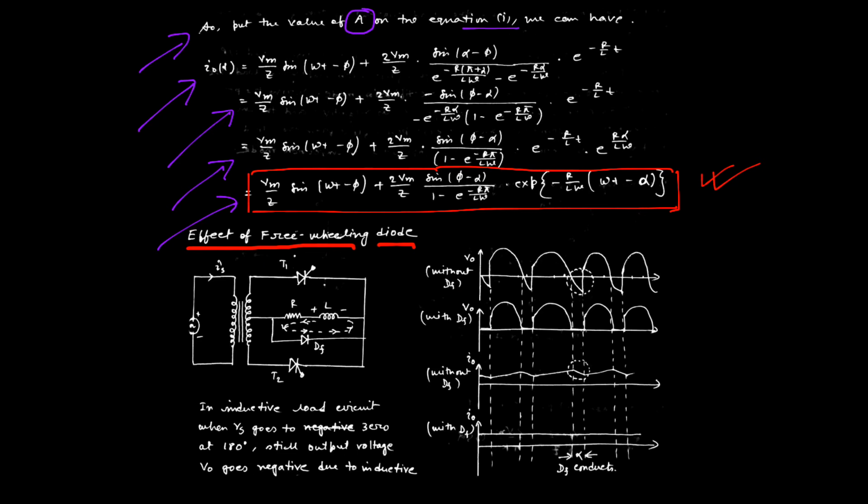When we use the RL load with a freewheeling diode, there is no negative peak, as the discharging current or discharging energy of the inductor is freewheeled through the freewheeling diode FD. That is why this is 0. That means the average output voltage will be improved. Okay, so this is the major advantage of the freewheeling diode.